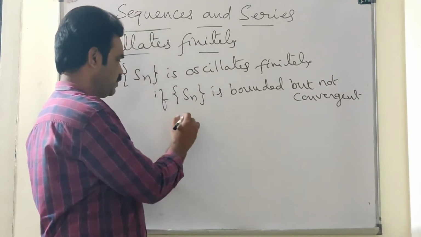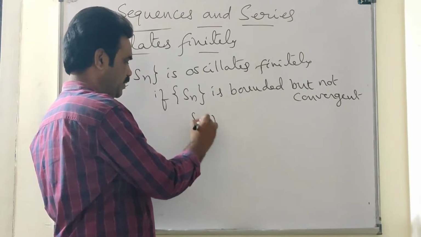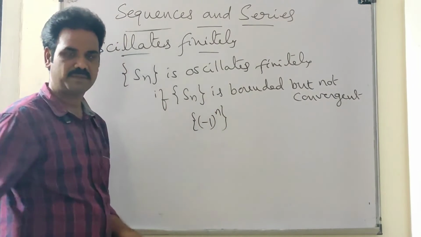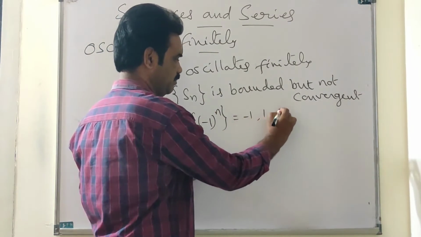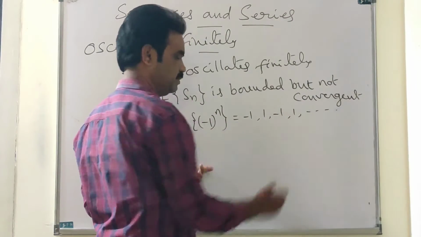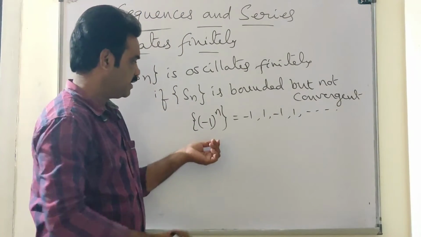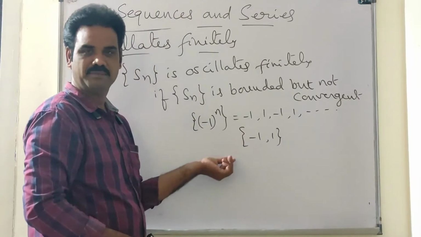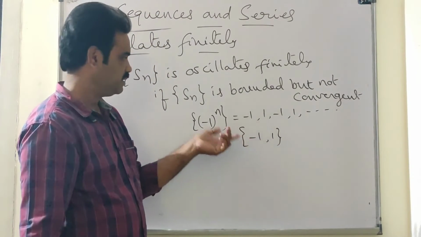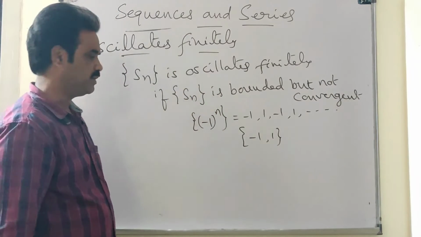Okay. For example, minus 1 whole power n. This is the sequence. That means the terms are minus 1, 1, minus 1, 1 and so on. Now, the range of this sequence is minus 1, 1 and hence it is bounded but not convergent. And hence this oscillates finitely.